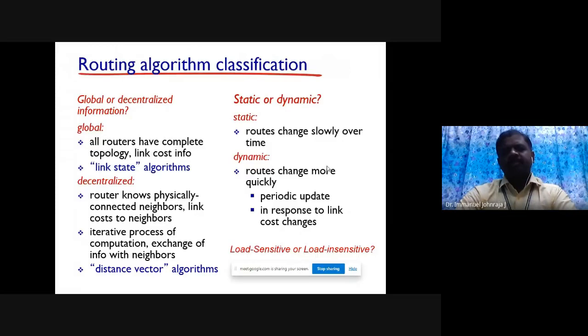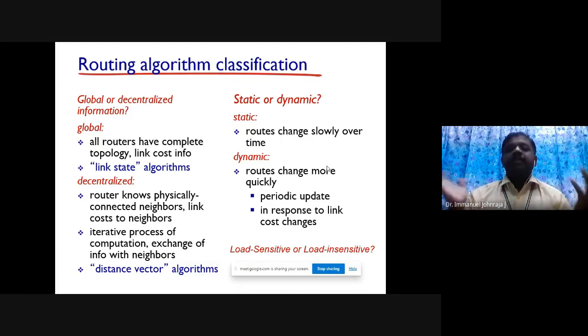In another direction, the routing algorithms are classified into two other major kinds. They are global or decentralized. In other words, link state routing protocols or distance vector routing protocols. In the case of the link state routing protocol, if you want to make a comparison, every router knows the entire topology.